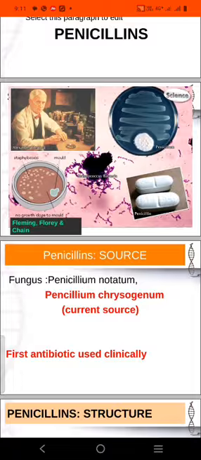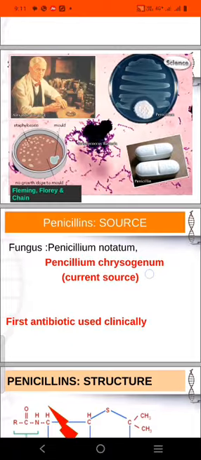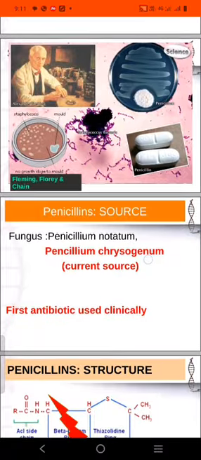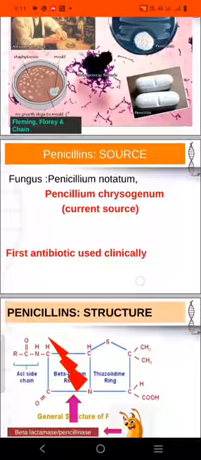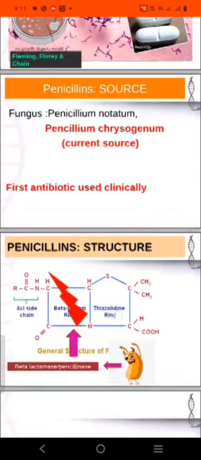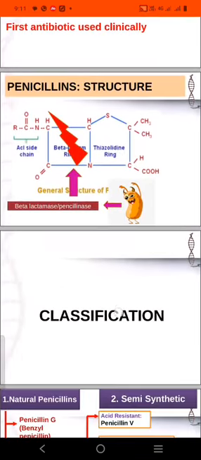So he thought this fungus is having antibacterial activity, so he named this as penicillin. Initially we prepared penicillin from Penicillium notatum. Now we are preparing penicillin from Penicillium chrysogenum because Penicillium notatum has less yield compared to Penicillium chrysogenum. It is the first antibiotic used clinically.